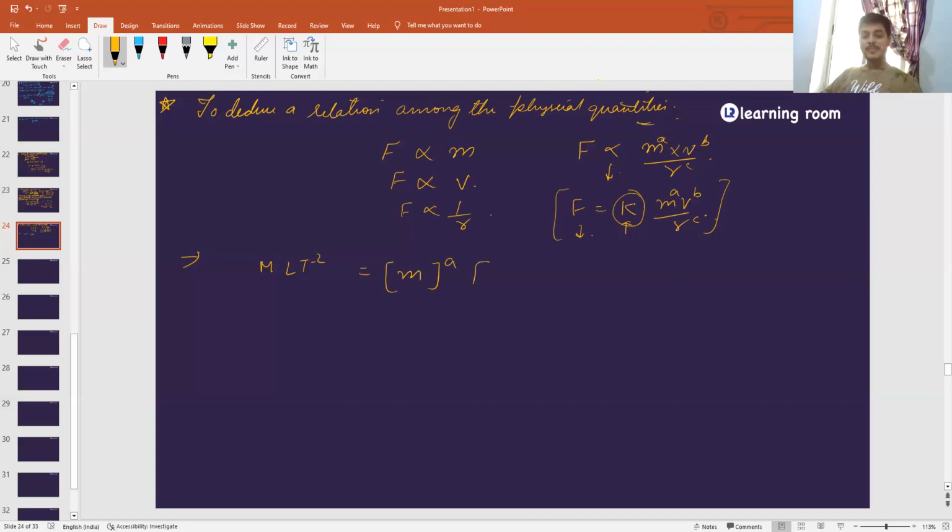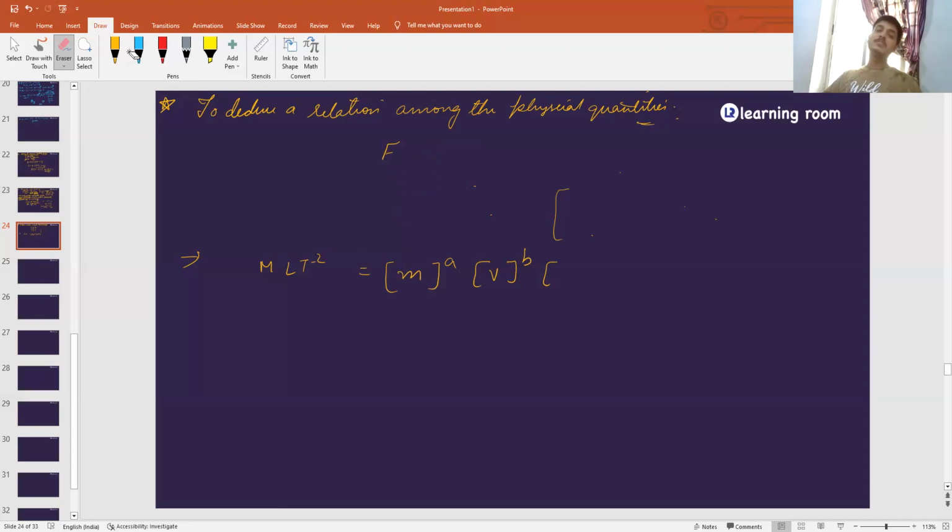Mass to the power A, velocity to the power B, and radius to the power C. Sometimes they won't tell you that this is directly proportional or inversely proportional. So let us take that condition. We don't know anything. Let me use the adverse condition.